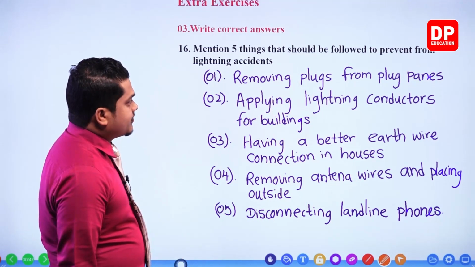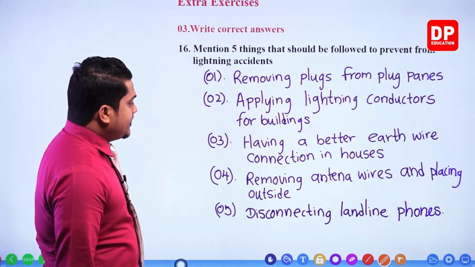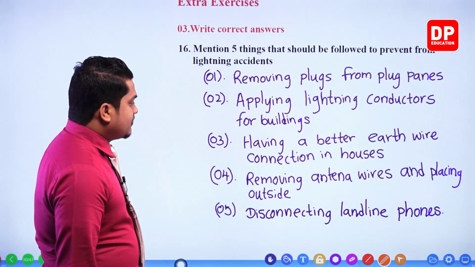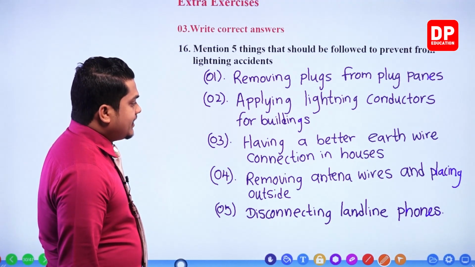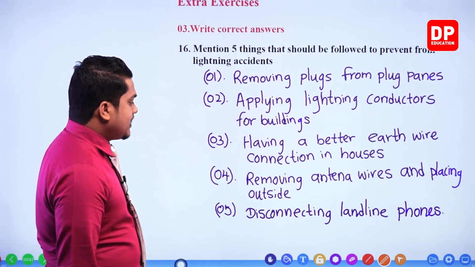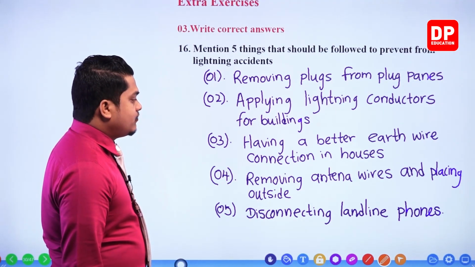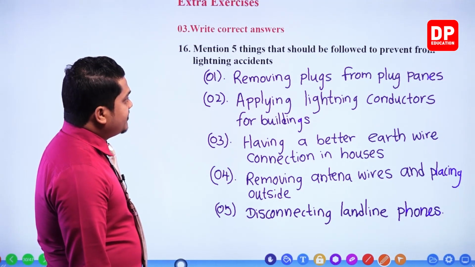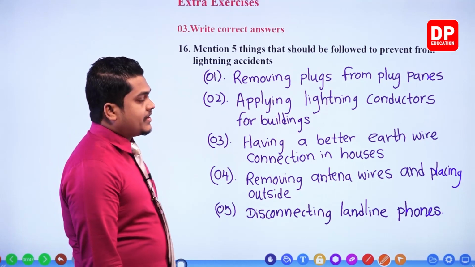So removing plugs from plug pins, applying lightning conductors for buildings, having a better earth wire connection in houses, removing antenna wires and placing outside, then disconnecting landline phones. So these are 5 things that we can follow to prevent from lightning accidents, my dear children.